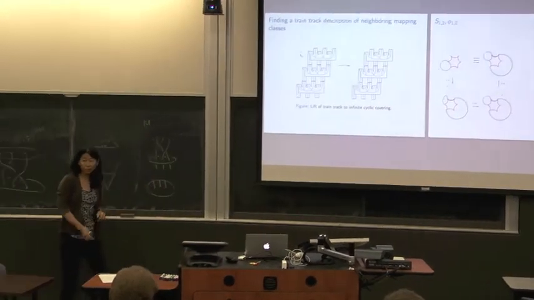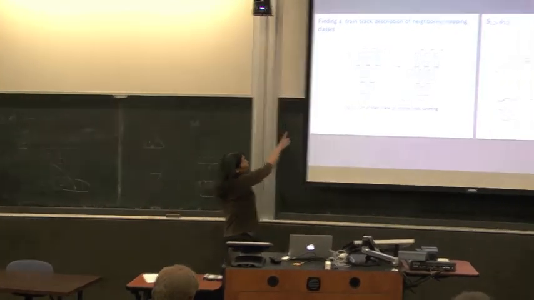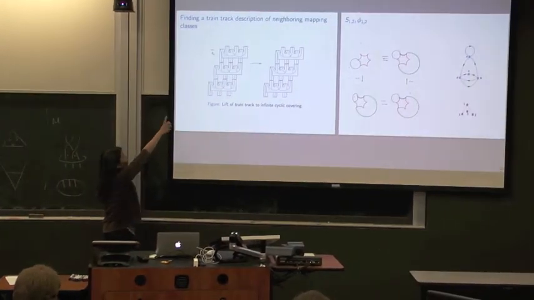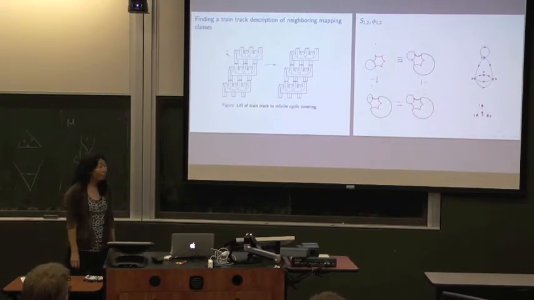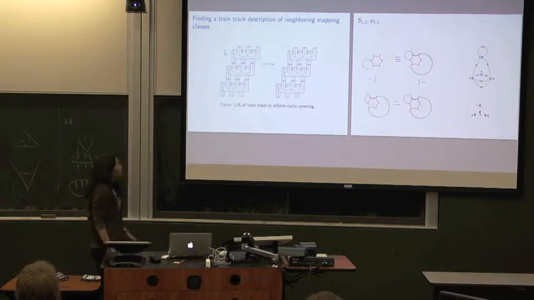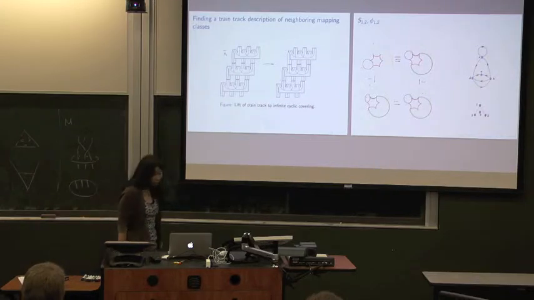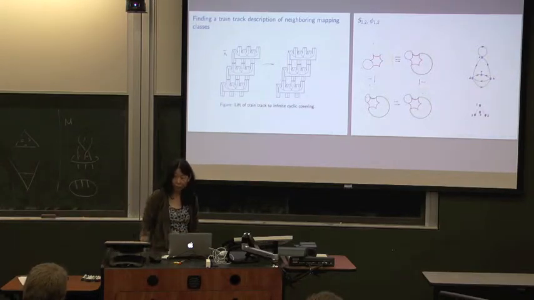That's a picture of the corresponding cover. Here in blue is the train track lifted up, and the train track map also lifts, and you can compute the Teichmüller polynomial from that information.